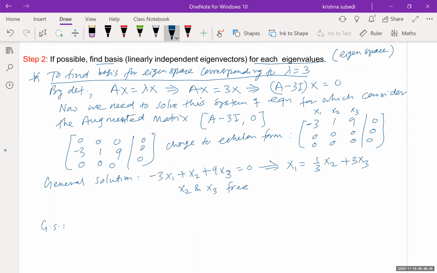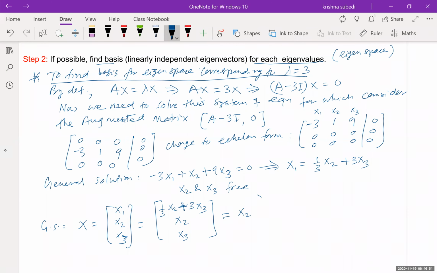The general solution in the nice form is x1, x2, x3, which is x1 means 1/3 of x2 plus 3x3, and x2 and x3.